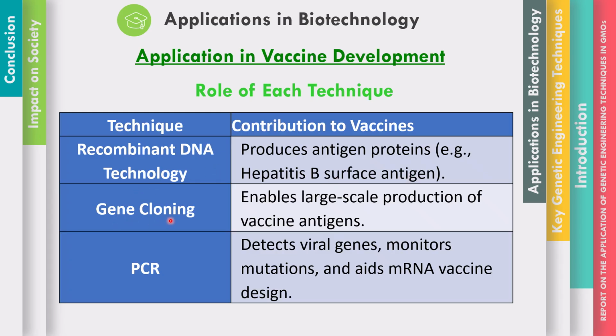Gene cloning enables large-scale production of vaccine antigens. Polymerase chain reaction detects viral genes, monitors mutations, and aids messenger RNA vaccine design.